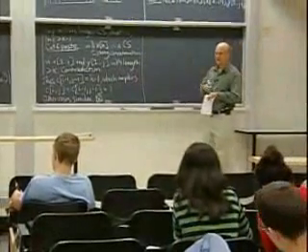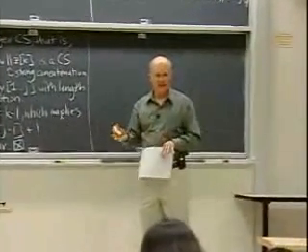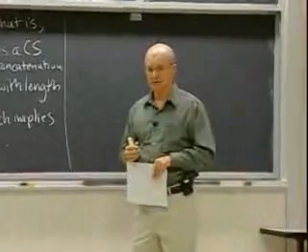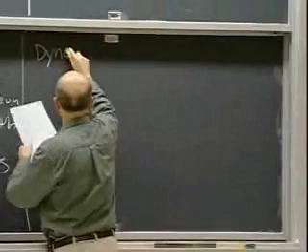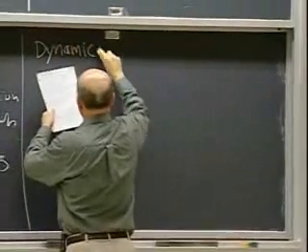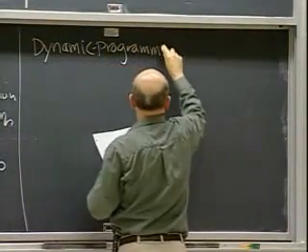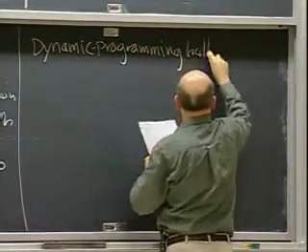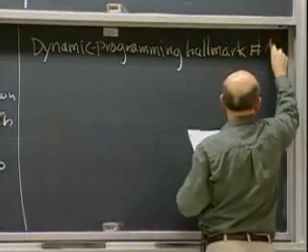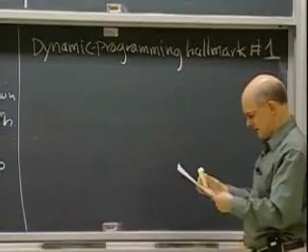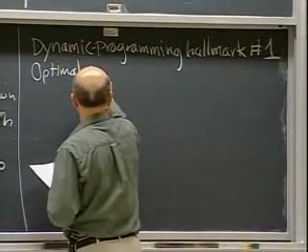By hallmarks, I mean when you see this kind of structure in a problem, there's a good chance that dynamic programming is going to work as a strategy. And the dynamic programming hallmark is the following. This is number one: this property of optimal substructure.